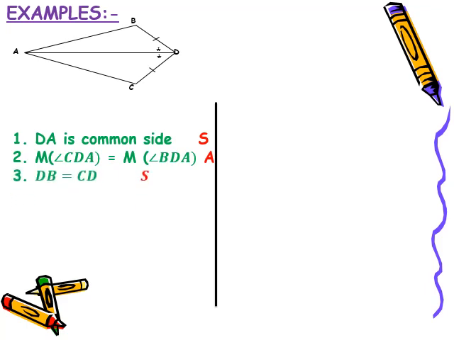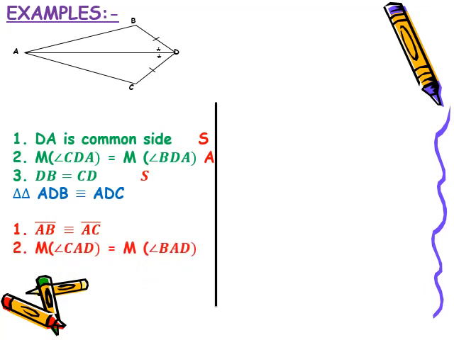Number three, BD equals CD, it's a side. Then triangle EDB is congruent to triangle ADC. So AB congruent to EC, and measure angle CAD equals measure angle BED, and measure angle C equals measure angle B. The case is side, angle, side.